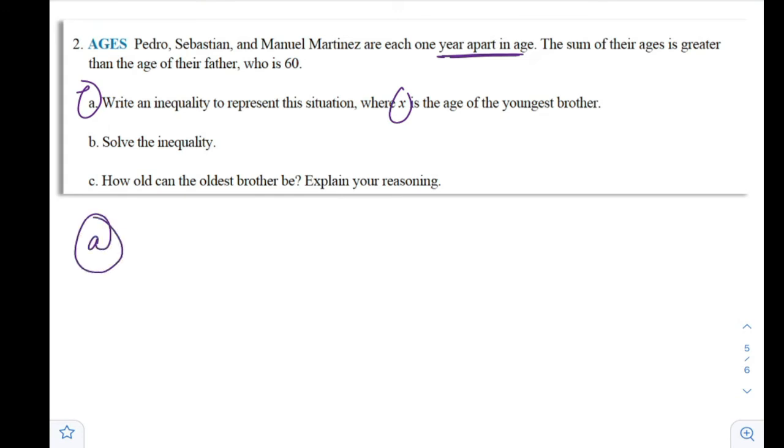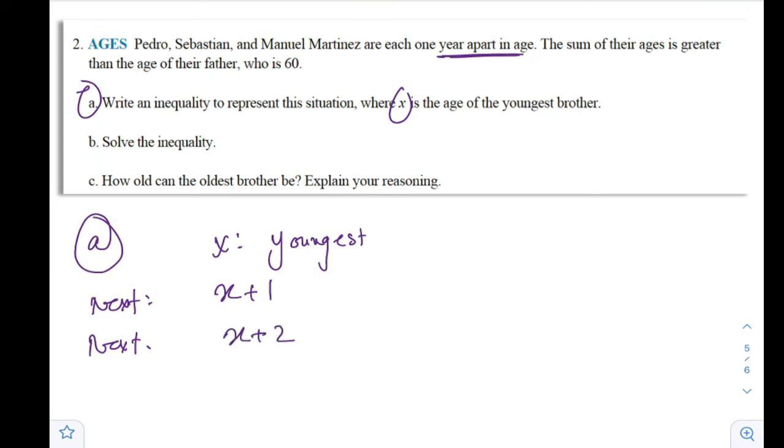So for X, the age of the youngest brother, the next one, the next older one, will be X plus 1. He is 1 year older. And the next one will be 1 year more also, so it's X plus 2.